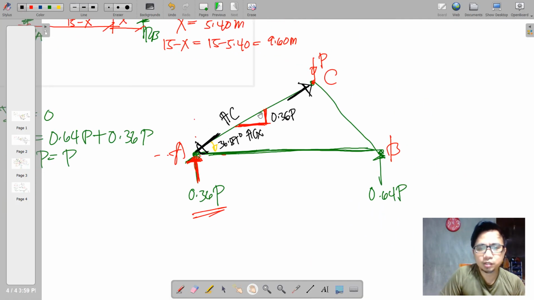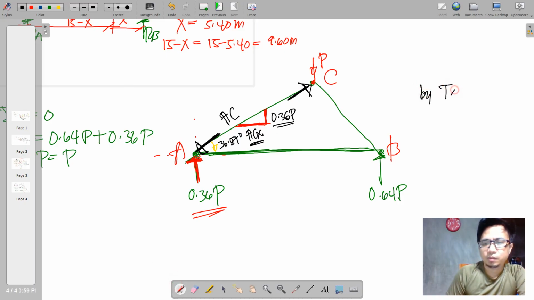So all we need is to refer to the triangle and simple trigonometry. What do we know here? Okay, we know this, and we intend to get this one. So what function? Tangent. Tangent 36.87 degrees.